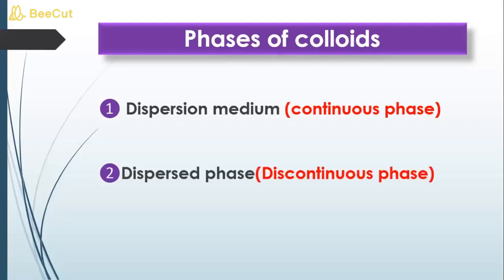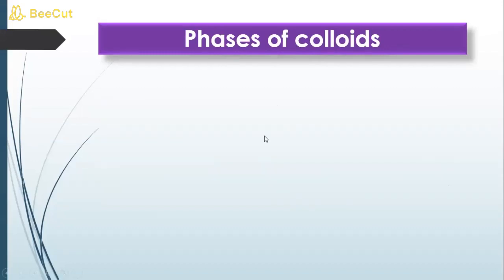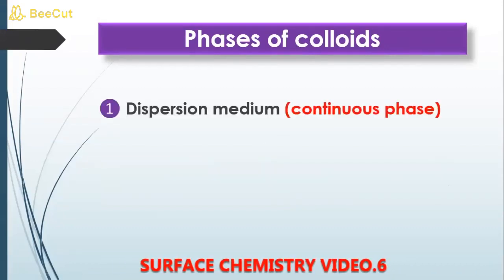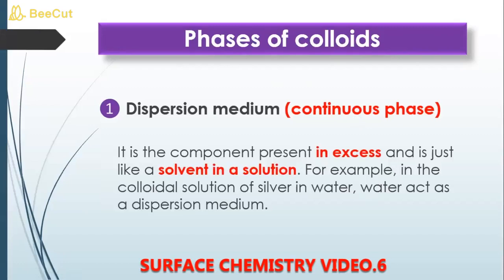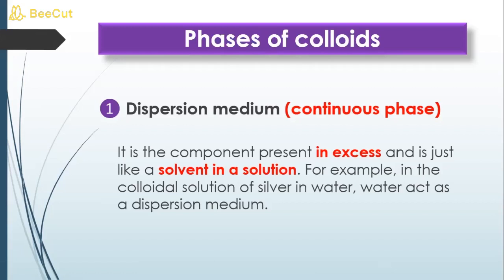The second one is dispersed phase or discontinuous phase. Let us check them one by one. The first one is dispersion medium or continuous phase. It means that it is a component which is present in excess, just like a solvent in a solution.